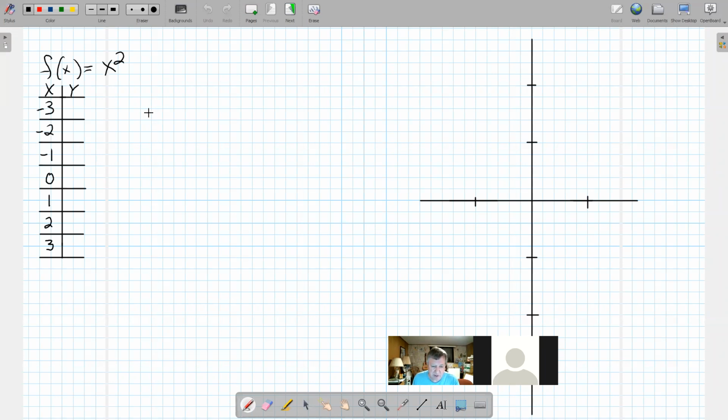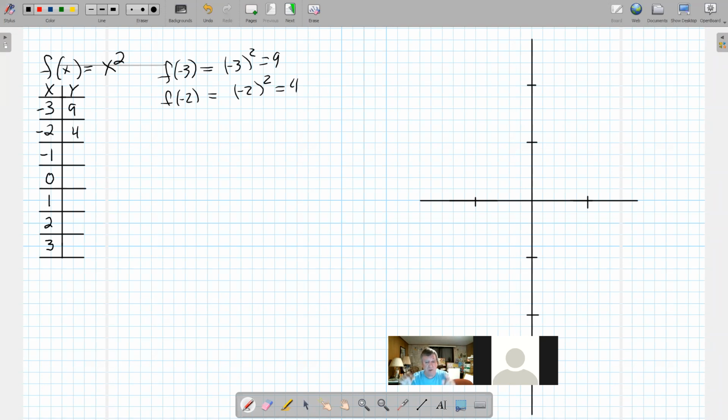So for this particular graph, if x is -3, f of -3 would be -3 the quantity squared, which is 9. If x is -2, f of -2 equals -2 the quantity squared, which is 4.